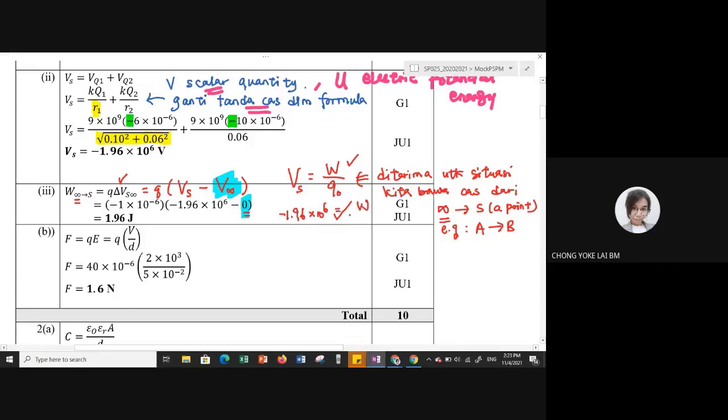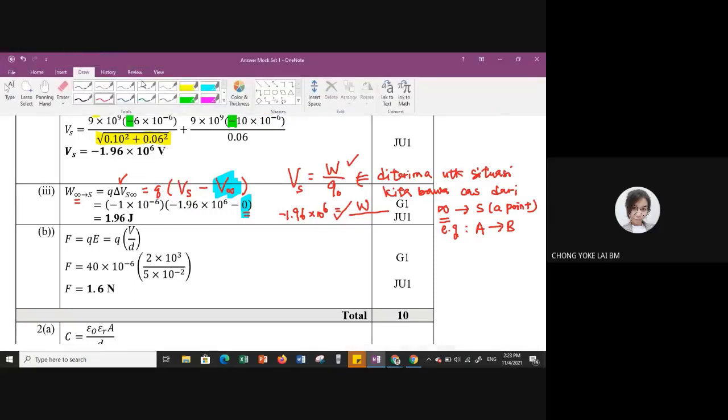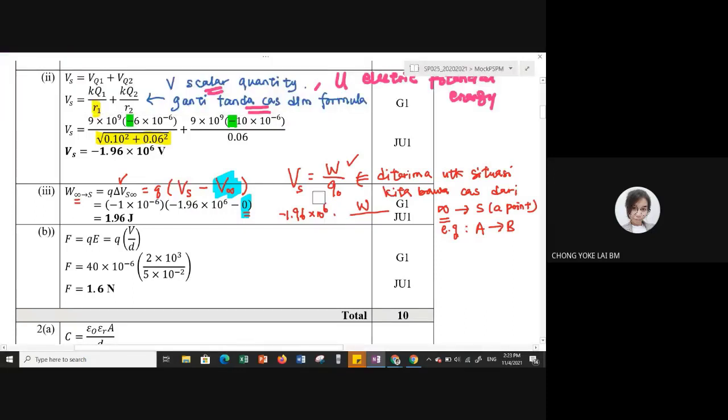Then work done over charge tu, charge tu adalah negative 1 to the power of negative 6. Then the work will be 1.96 joule. Kalau yang ni boleh. Kalau you guna yang delta V, dia mesti ada kosong. Faham? Ada lagi sebelum kita proceed?